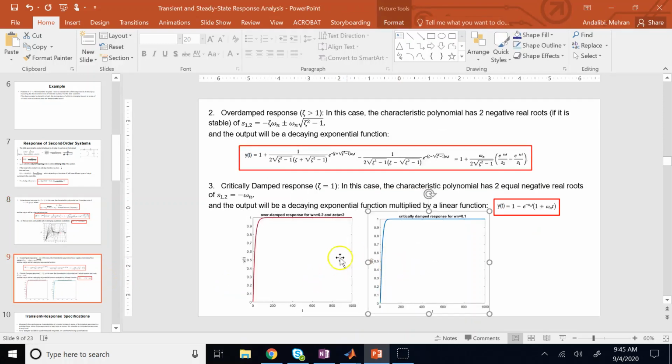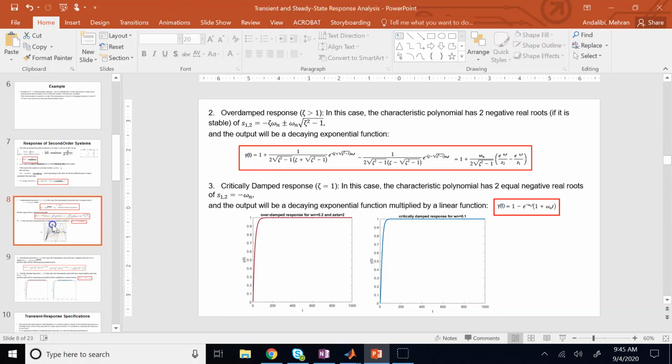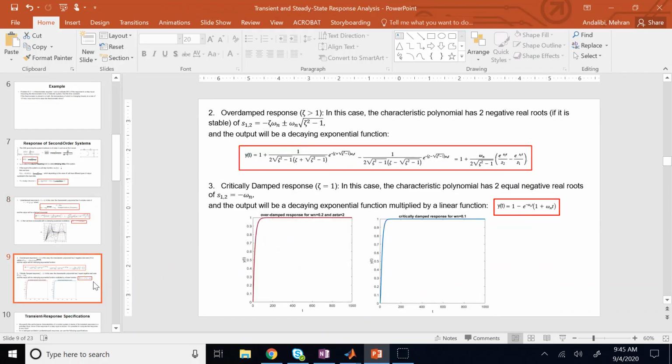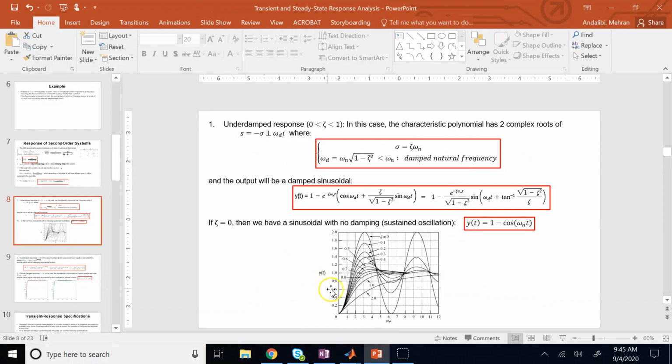But the good thing about these two is they do not show oscillation. This one does. Why is it that it's good? Because sometimes you do not need to reach the output value, the input value, the desired value, and then what? Pass it. We call this passing overshoot. Okay, you should not overshoot.